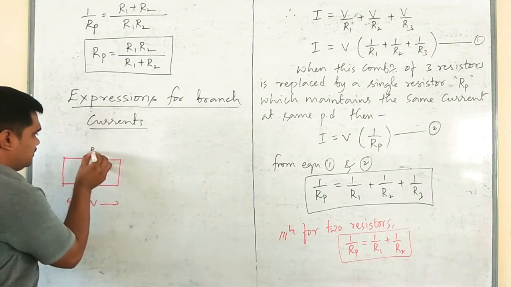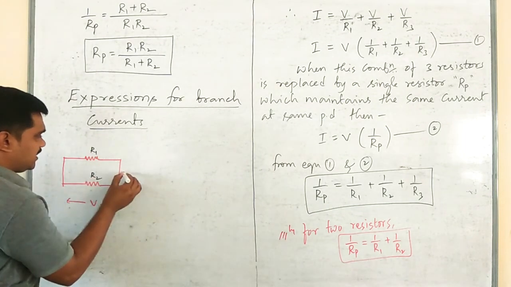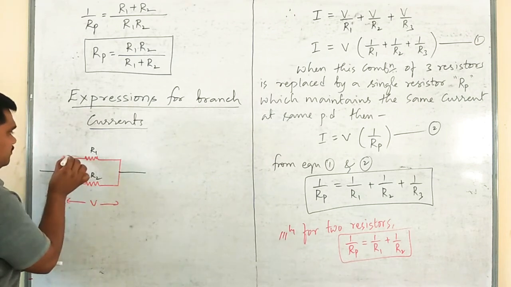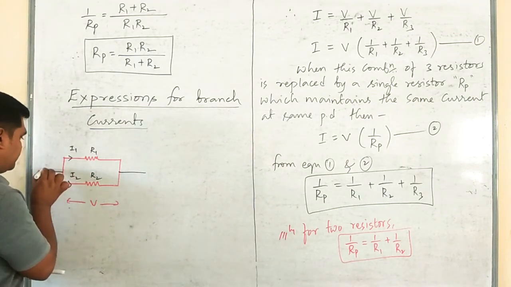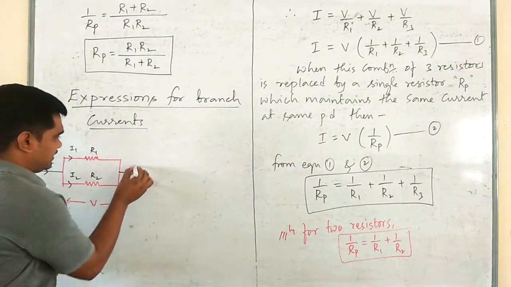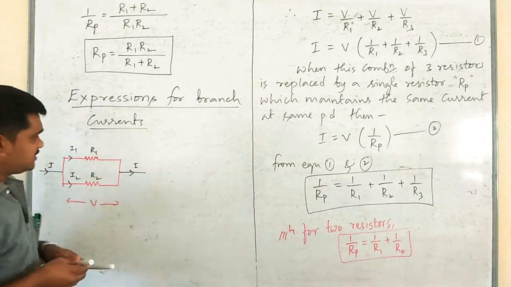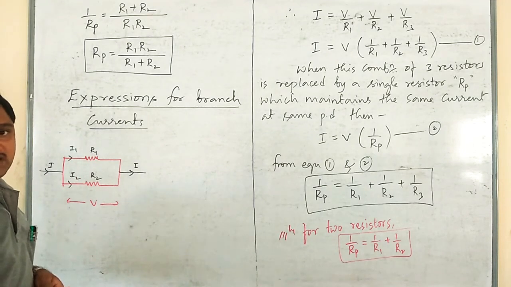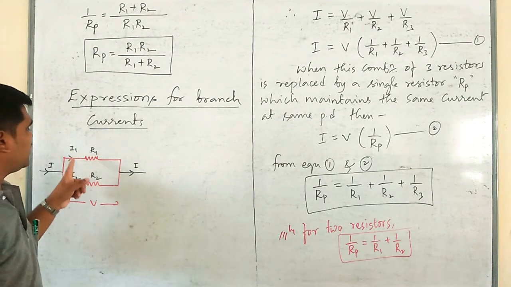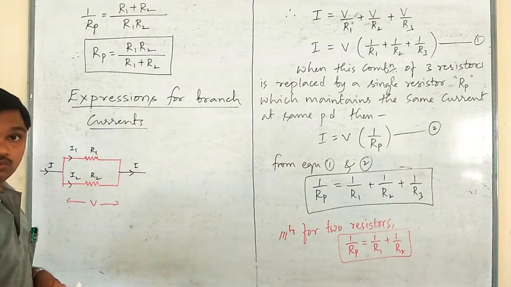This is R1, this is R2, this is I1, this is I2, and I is the main current. How to get the value of I1 and I2?